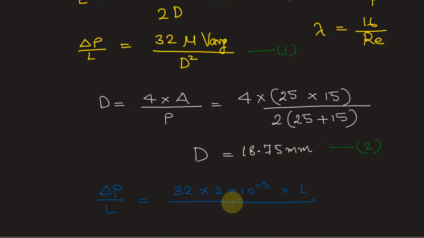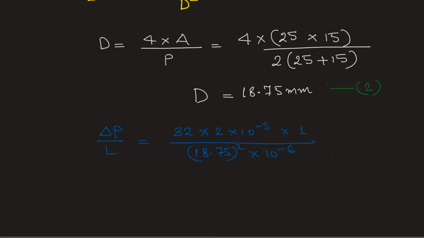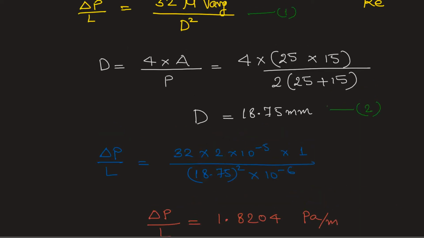We just found the value of d, which is 18.75 millimeter, so 18.75 whole square. Now we need to convert this into meters, so we'll multiply it by 10 to the power of minus 6. After calculation, we get the pressure drop per unit length, delta P by L, equal to 1.8204 Pascal per meter.